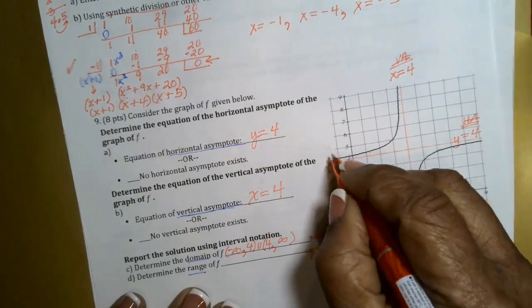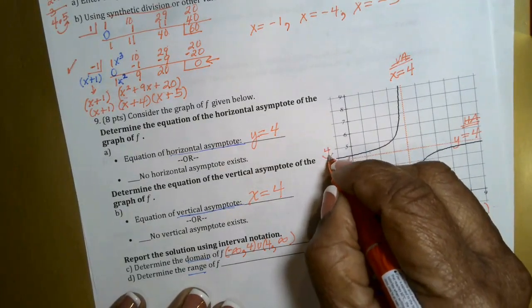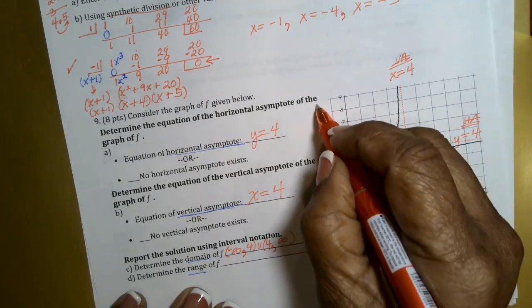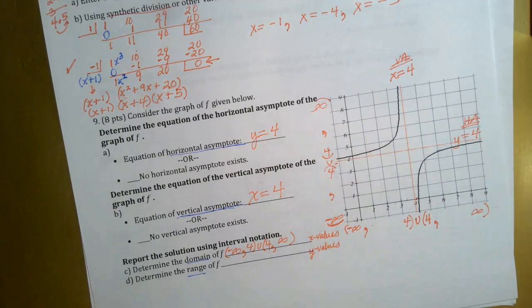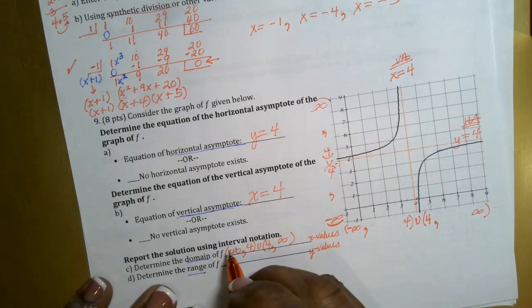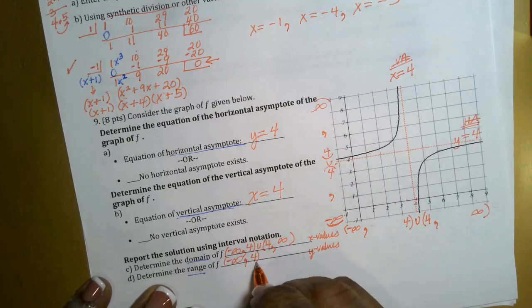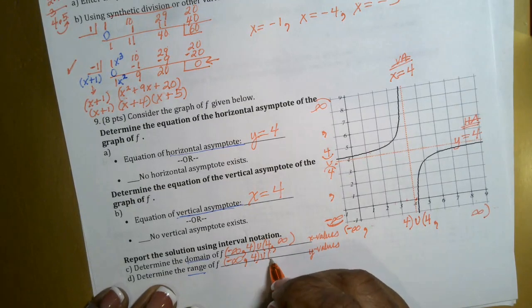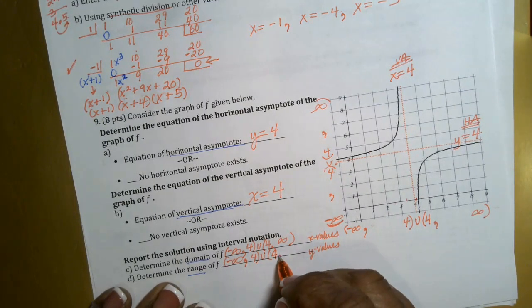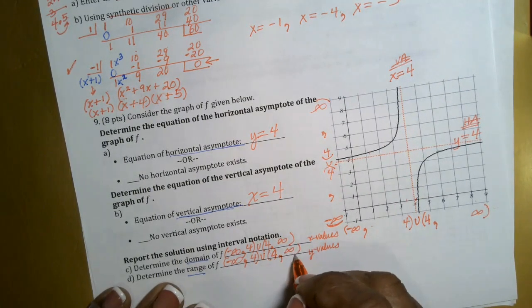So we're going to unite that with, continue on with 4, and move up to +infinity. So that is our range. They look identical. -infinity up to 4, not including 4, united with starting with 4, not including 4, and going to +infinity.